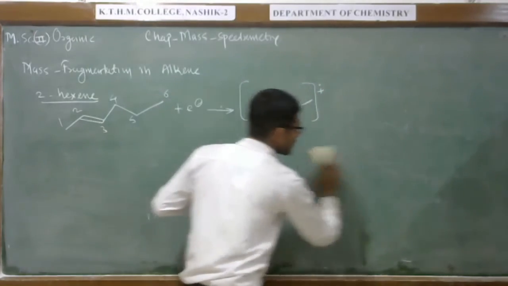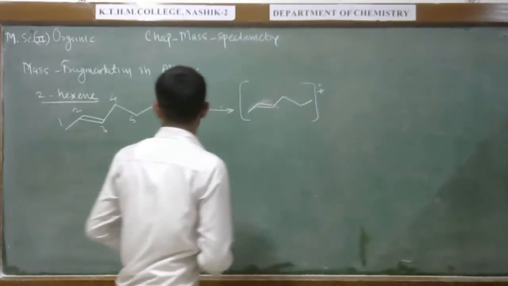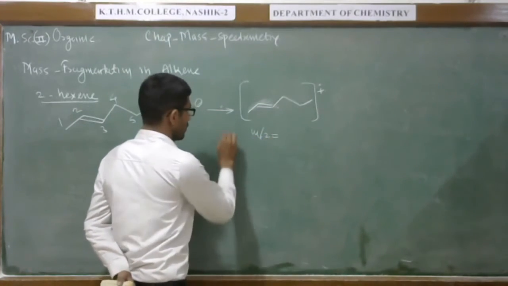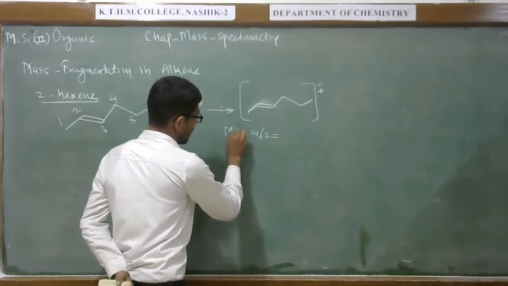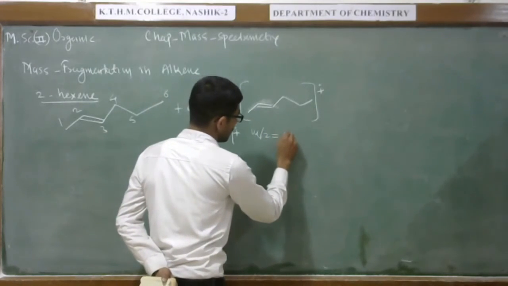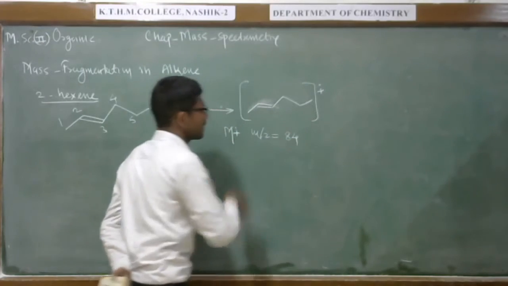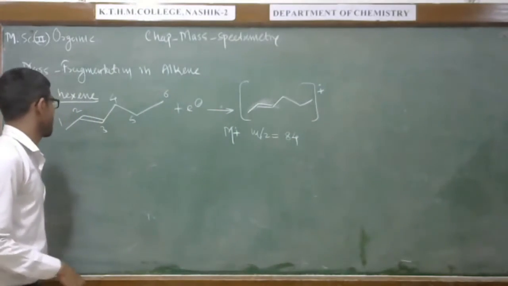After bombarding with electrons, we can observe the molecular ion peak at mass to charge ratio 84. At this value we can observe the molecular ion peak.